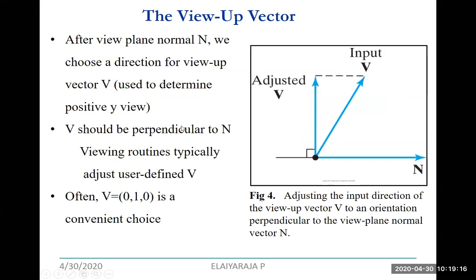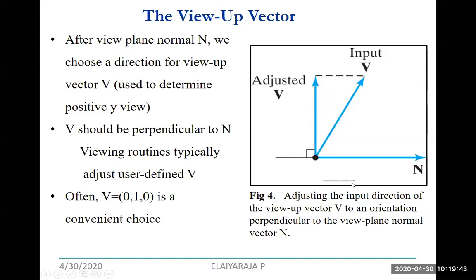And the view up vector, how will it be adjusted to the input direction of the viewing up vector V? Here the view plane normal is N, so we choose the direction for the view up vector, used to determine the positive Y view.